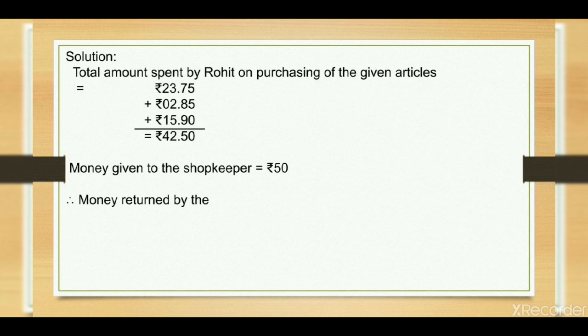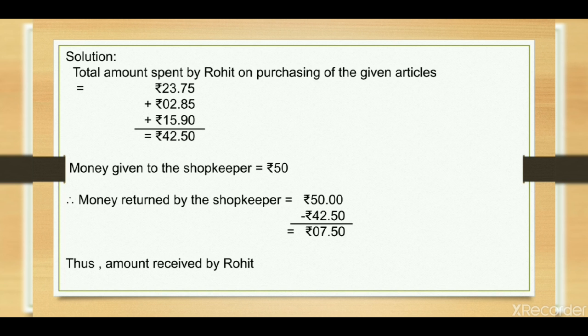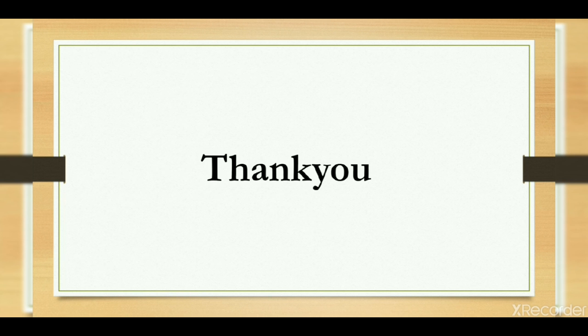See, 50 rupees he has given, so the shopkeeper will keep 42.50, so remaining money is 7.50, which will be returned by the shopkeeper to Rohit. Thus, amount received by the shopkeeper is 42.50 and amount received by Rohit after paying for the article is rupees 7.50.